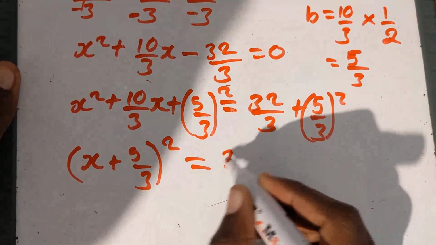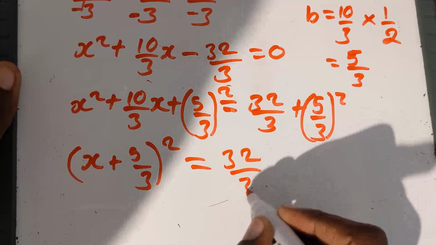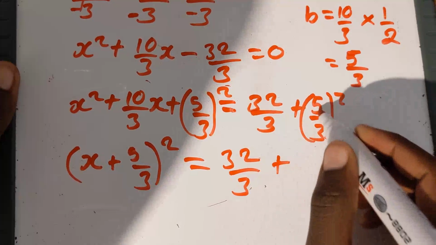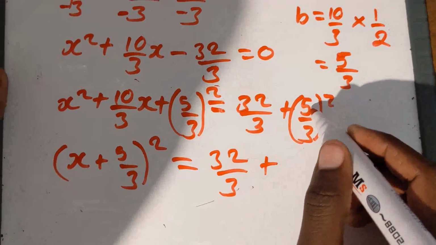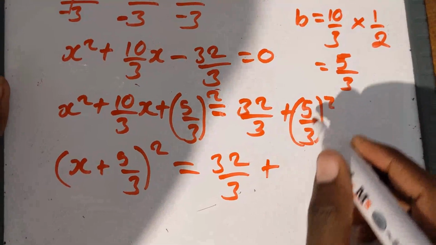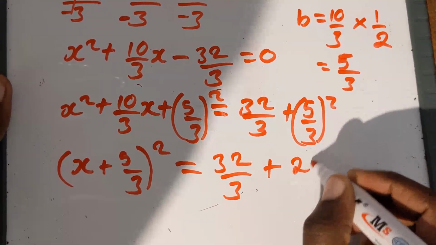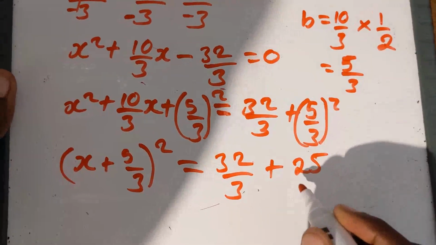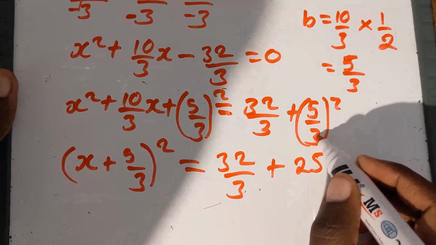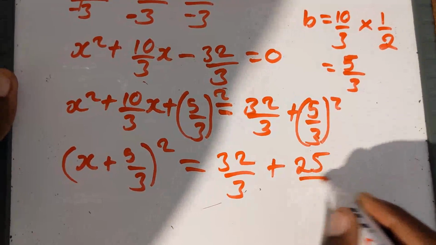This is going to be 32 over 3 plus 5 squared over 3 squared. 5 squared is just 25, and 3 squared is 9.